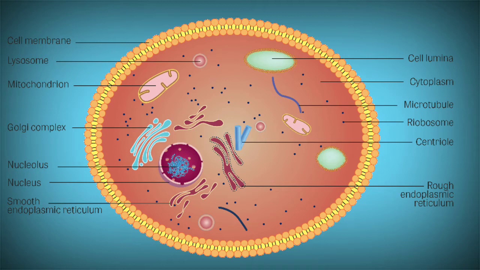Plasma gel is the part of the cytoplasm which is present below the plasma membrane. So we can say the region next to the plasma membrane or the cell membrane is called plasma gel, and the region towards the center of the cell is called the plasma sol.